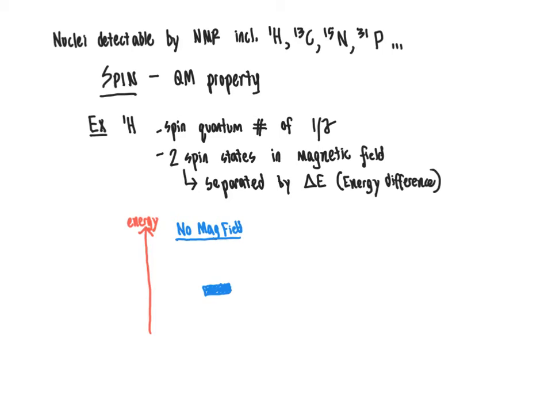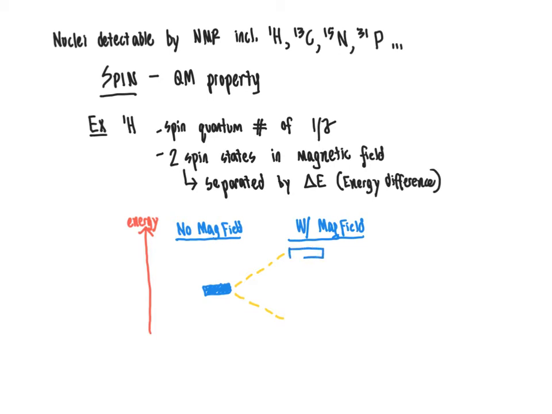So if we have no magnetic field, we have our relative energy there in blue. And then once we apply a magnetic field, that magnetic field will stimulate the two spin states. And as a consequence of that, the protons will adopt two different spin states, which I'm using the yellow dotted line to connect to those two spin states.